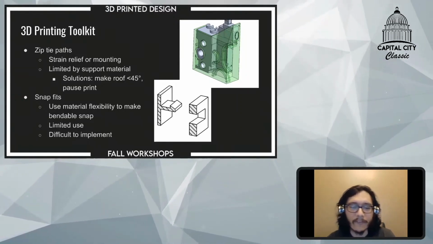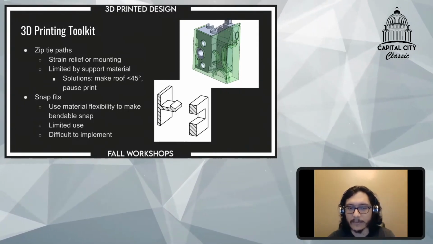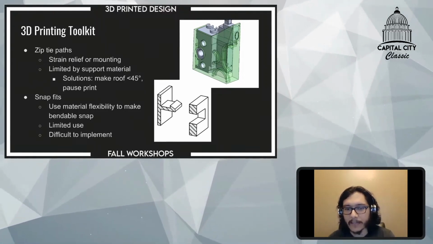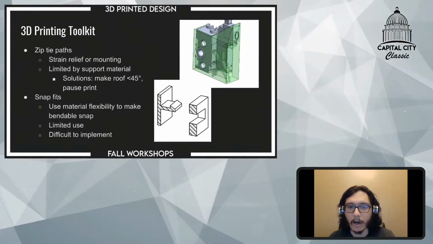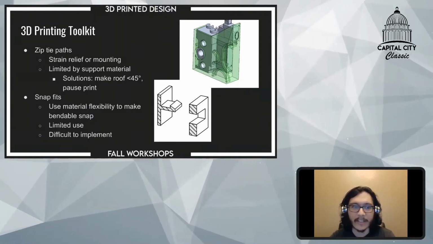So if you're trying to implement these, make sure that you have several test parts that you try before actually putting them into the part. And because it's a flexing part, make sure that the layers are perpendicular to the way it bends. Otherwise, you'll snap the piece off.